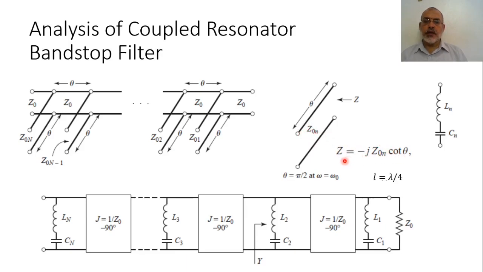Effectively, theta would be pi over 2 at omega equals omega naught, which corresponds to electrical length lambda over 4. At theta equal pi over 2, the input impedance in this case would be 0, which corresponds to a series resonant LC circuit.